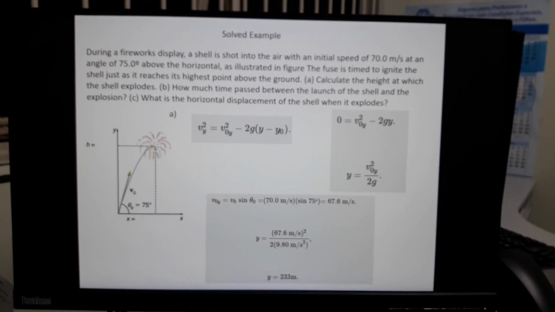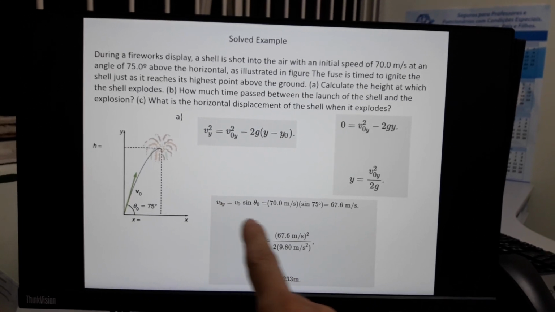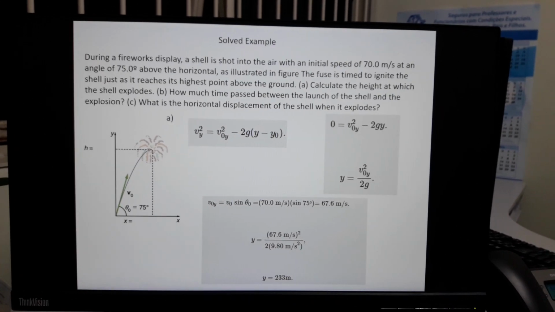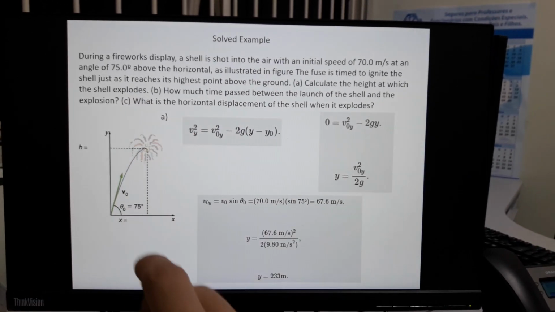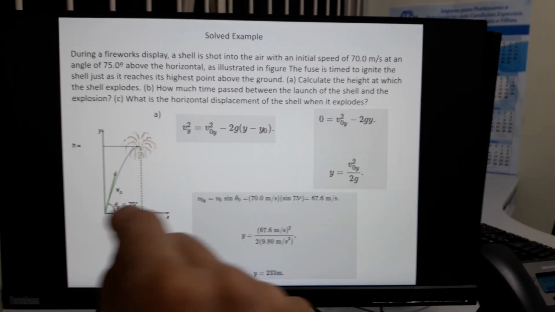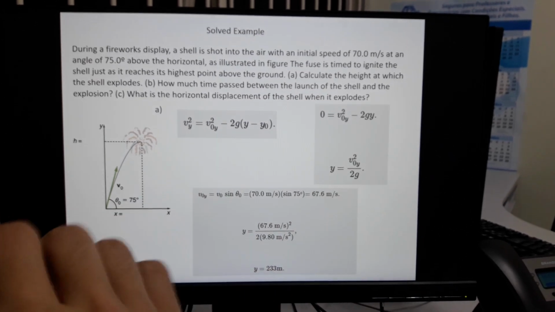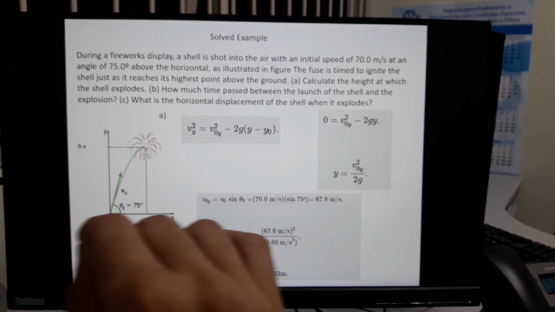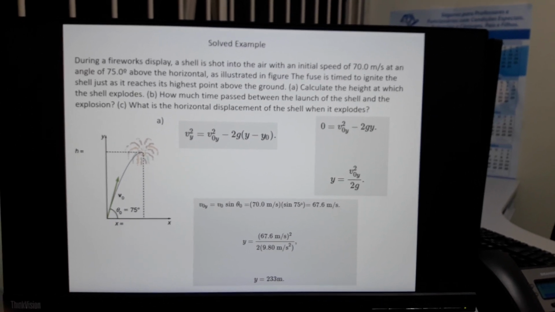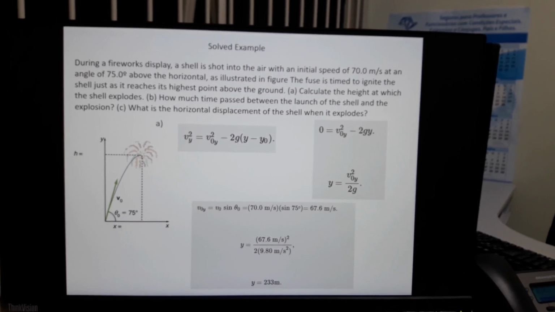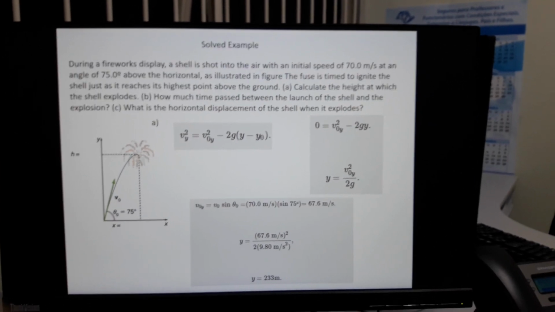You need to use the velocity V0y because you are analyzing this fall. We are not using the constant velocity here; you use the idea of fall. So we find y equals 233 meters.